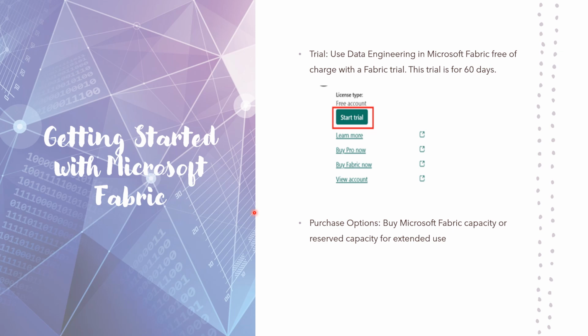Now in this slide I'm going to show you how we can get started with the Microsoft Fabric tool. This is available on the Microsoft website. If you go to the Microsoft Fabric website, you can see the trial, where we can use data engineering in Microsoft Fabric free of charge with a Fabric trial. This trial is for 60 days. This is an option to get started with the Microsoft start trial.